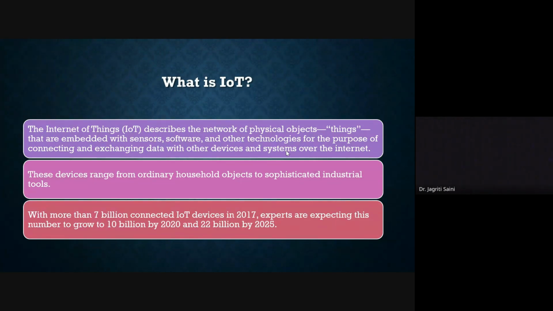So IoT, the concept, the very first thing it describes is a network of physical things. And these things here can be anything that you see around, whether it is a chair in your room, a table, even your kitchen appliances, your TV, your smartphone, all those things that you have access to in your day-to-day life, they come as physical objects or things right here.